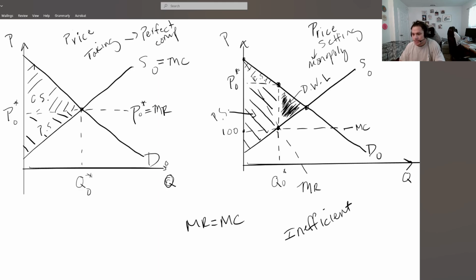We're not maximizing the gains from trade in a price-setting firm. Anytime we're able to move up to that equilibrium point and we have no deadweight loss left in the figure, price-taking firms or perfectly competitive markets are efficient.